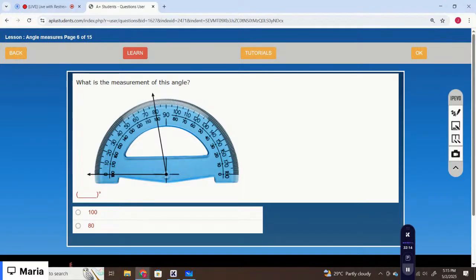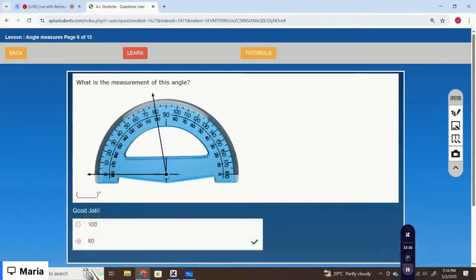Which is the correct option? 80 degrees it is. Option number 2 is the correct option.